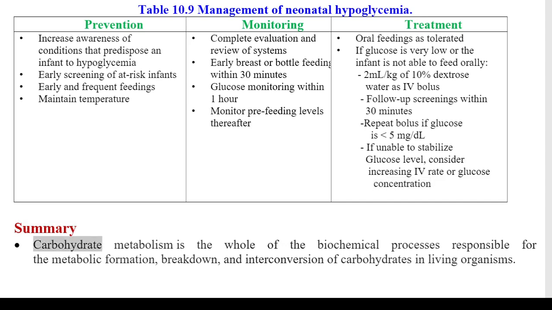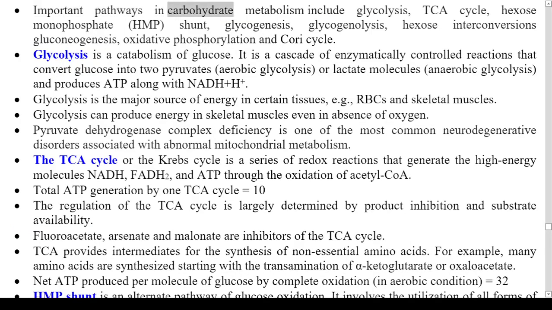Summary. Carbohydrate metabolism is the whole of the biochemical processes responsible for the metabolic formation, breakdown, and interconversion of carbohydrates in living organisms. Important pathways in carbohydrate metabolism include glycolysis, TCA cycle, hexose monophosphate (HMP) shunt, glycogenesis, glycogenolysis, hexose interconversions, gluconeogenesis, oxidative phosphorylation, and Cori cycle.